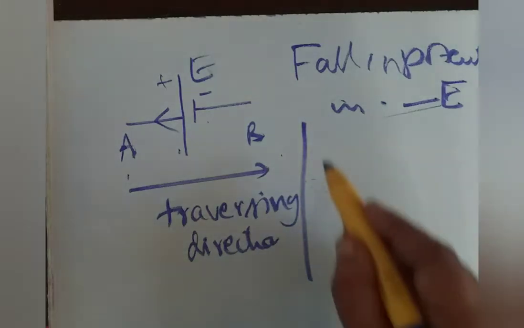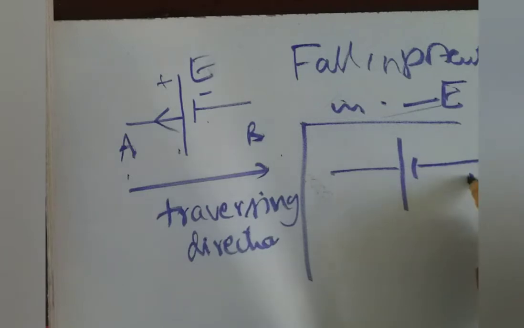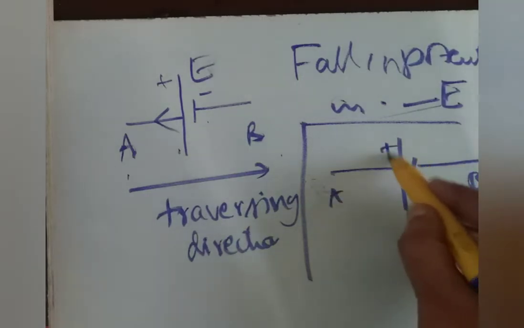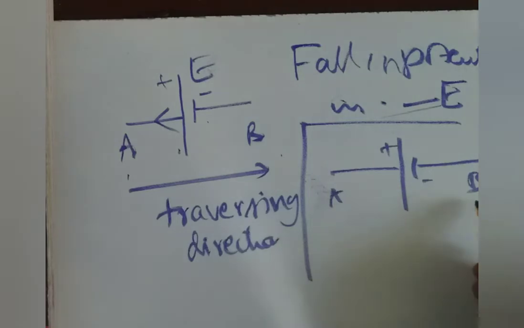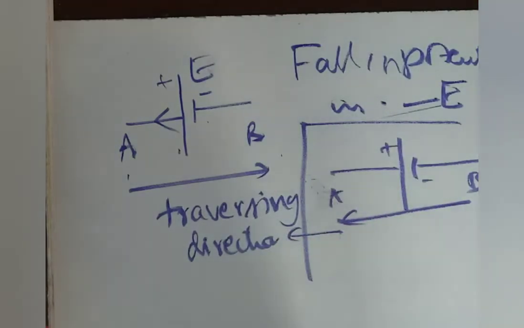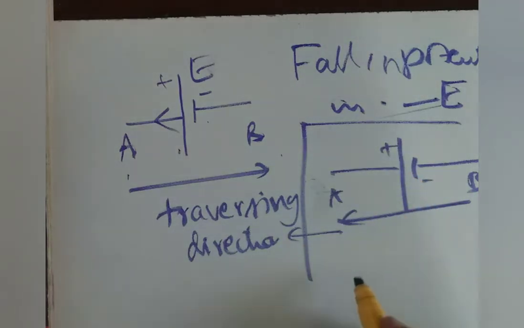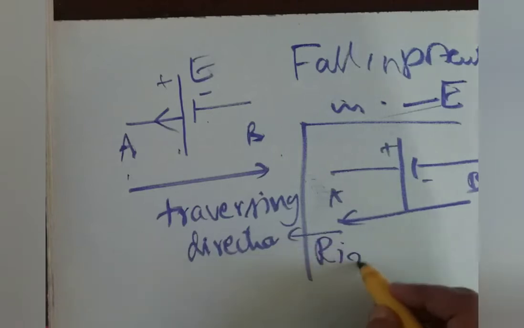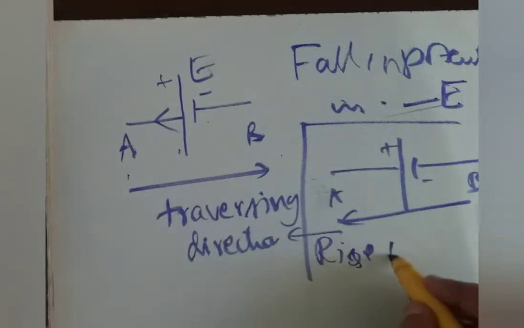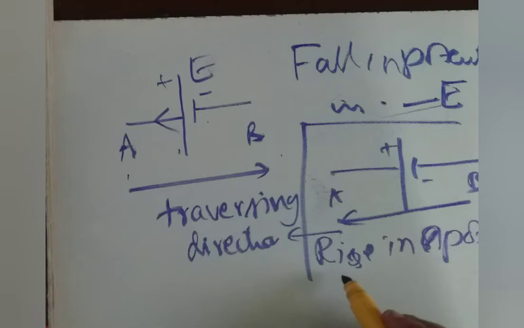So if we do the other way around, say the same cell, but if we traverse from B to A, the traversing direction is B to A now, then we first see the negative of the battery and then the positive. There is a rise in potential, minus to plus, therefore E is positive.